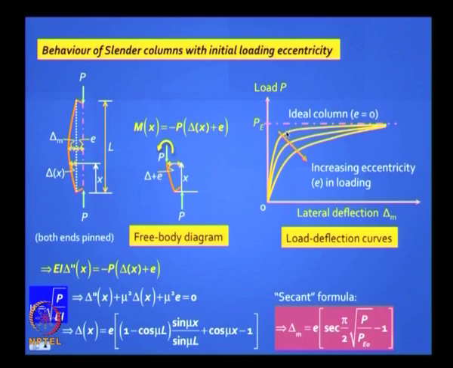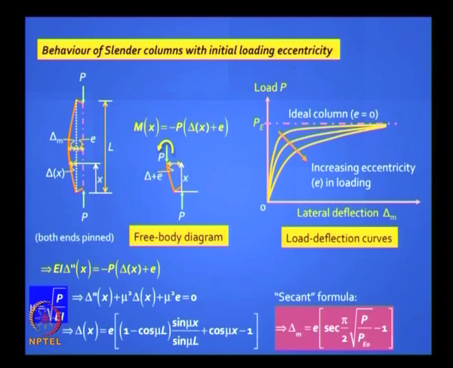if your column is stiff, you are probably going to get this curve. If your column is slender, you are going to move inward. You get it? So it is going to deflect more and more as you apply more and more axial load. But there is no way you can apply an axial load higher than the critical buckling load of a column without any eccentricity.